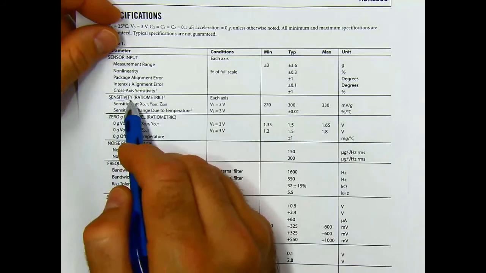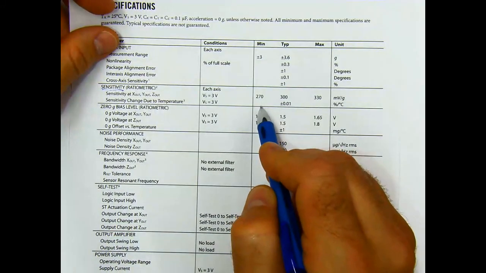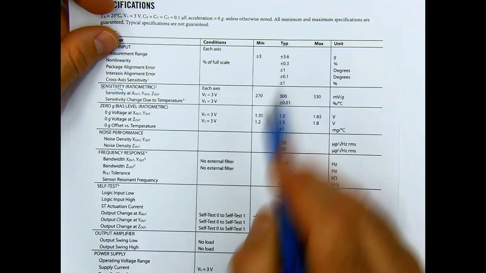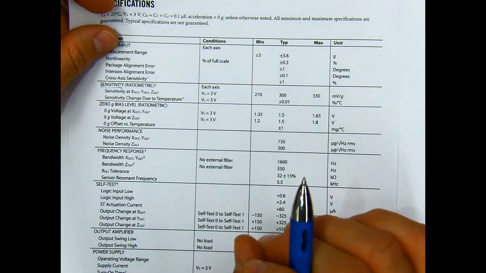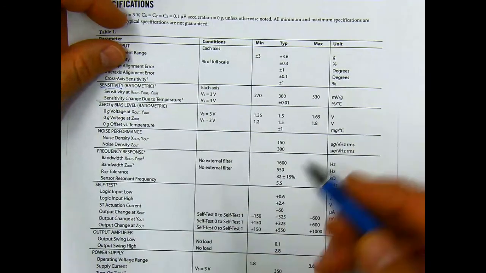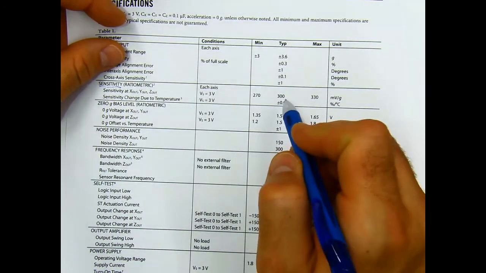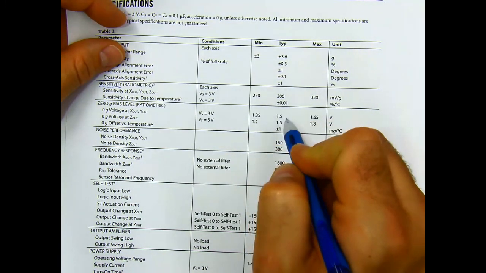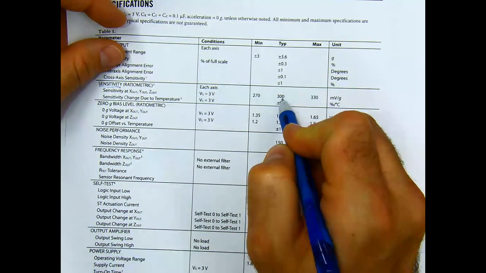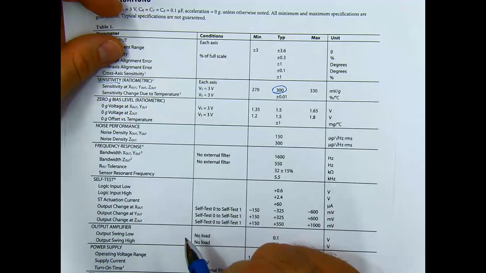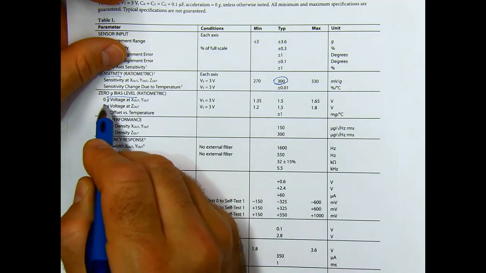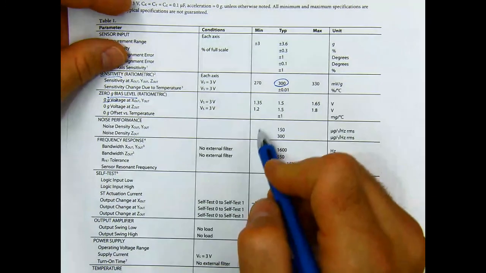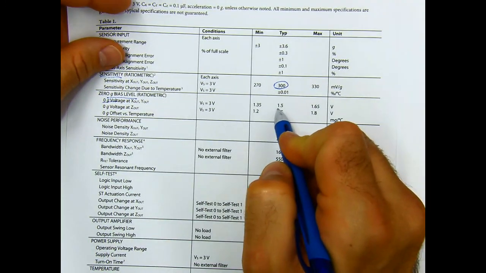This is sensitivity, and it's given as minimum, typical, and maximum values because they cannot be defined precisely. So let's use one of those. We'll do the typical value of 300. An additional thing that you can find here is the bias level at 0G. So at 0G, the typical value is 1.5 volts.